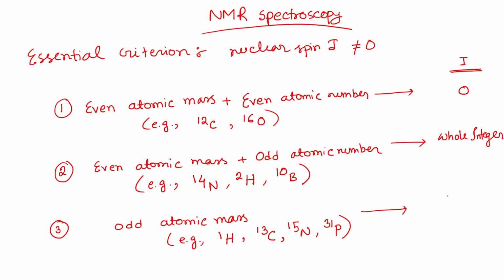In these cases, you are going to get a half integer as your I value. But the fairly common usage has been with proton NMR and 13C.